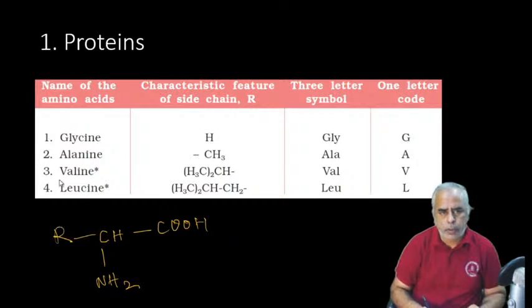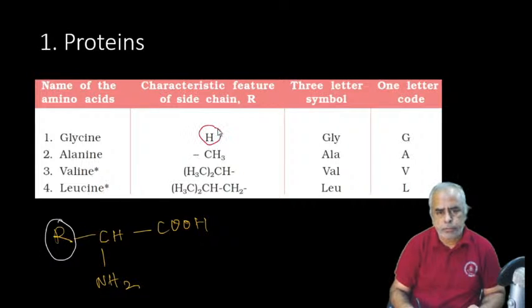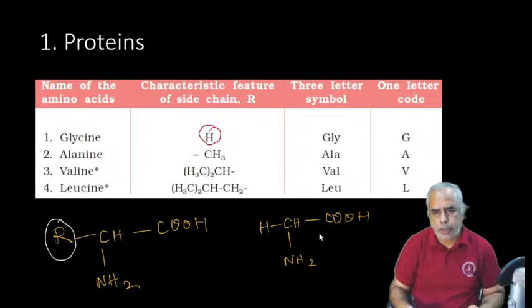So when R is replaced by hydrogen, which is nothing but H-CH-NH2-COOH, this is known as glycine, and its one letter code is G, and three letter symbol is Gly.